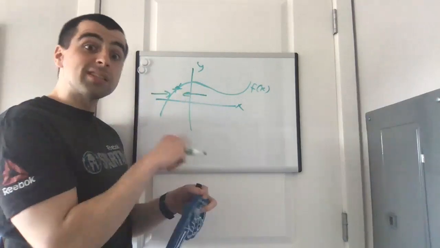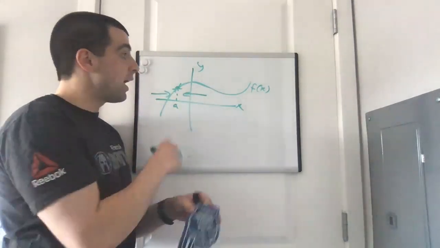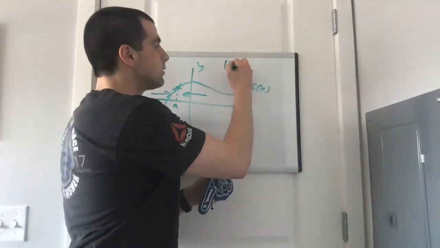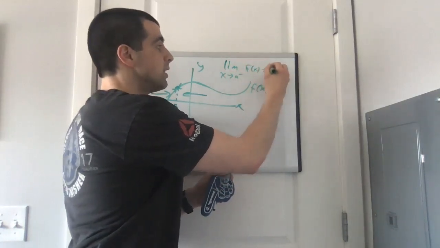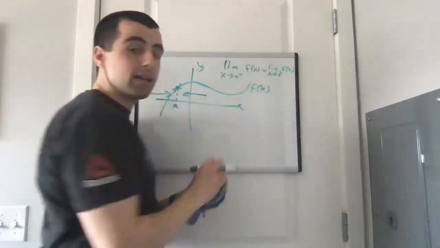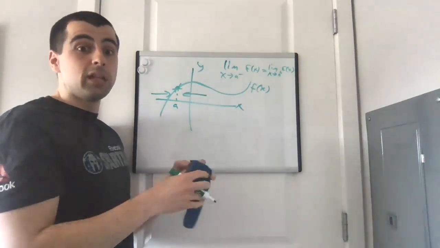If that's true, then we can say this limit exists. Let's say this point's a. We need the limit as x approaches a from the left of f of x to be equal to the limit as x approaches a from the right of f of x. If this holds, then we know that the limit actually exists, and we can find the limit value.